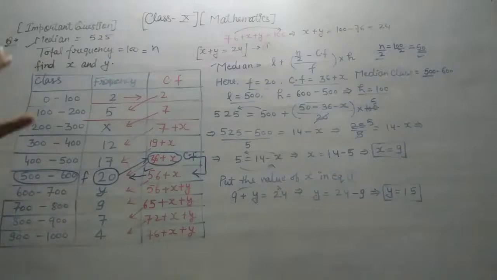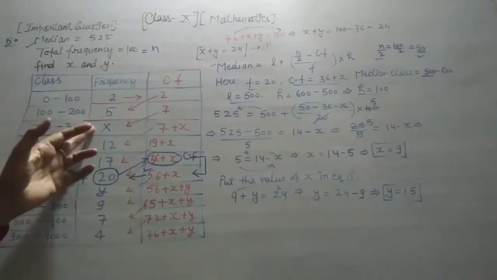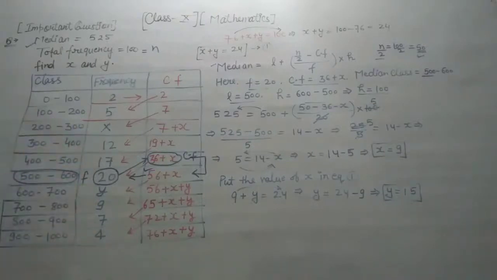Okay, so when this type of question comes in your exam, you have to follow this process and find the value of your variable. In the exam it is not given as x or y, it can also be given in the form of f1 and f2 or any other variable. So you have to understand how to find these things.